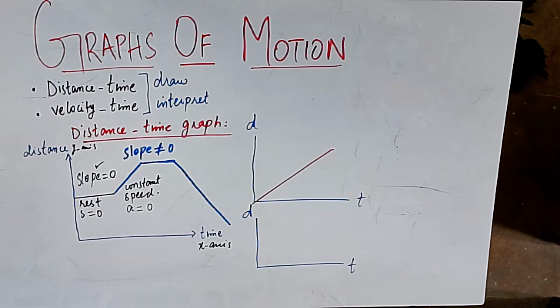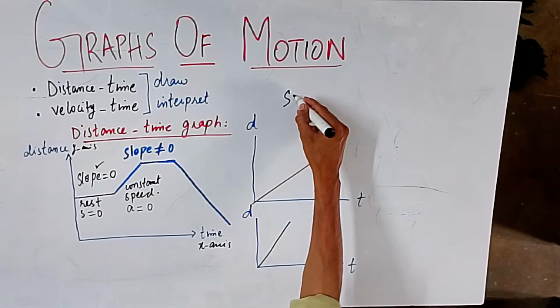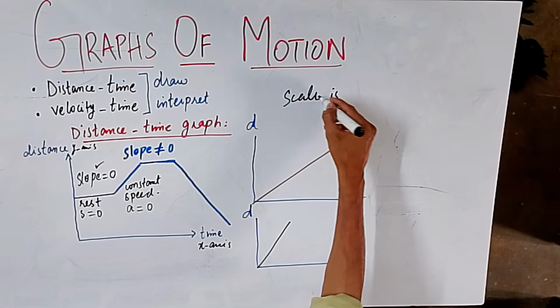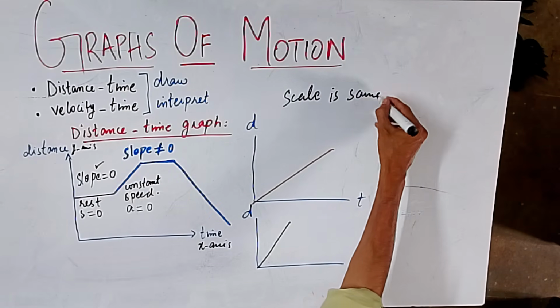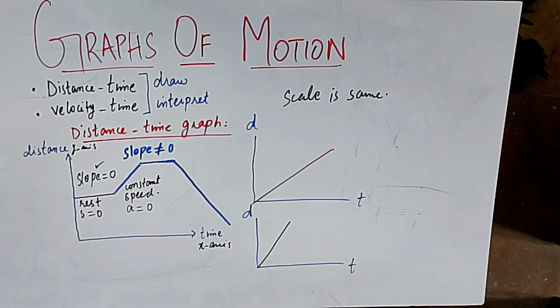What will you comment on the speed? The speed is constant. But on the other graph, your line is like this. And I said that the scale is the same, means the numbering on the graph is the same. So what does it mean? That they both have constant speed.